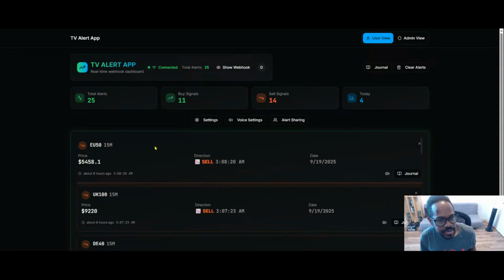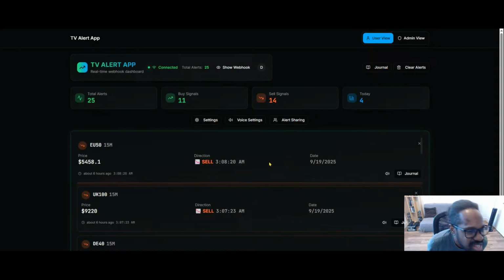Basically you're receiving the alert, whether it's a buy or a sell, depending on the symbol, and you have the price point of the entry, more or less. You decide if you take the trade or not, and you just have to monitor the trade and see, depending on your support and resistance or any technical or fundamental analysis, if it's good to take the trade.